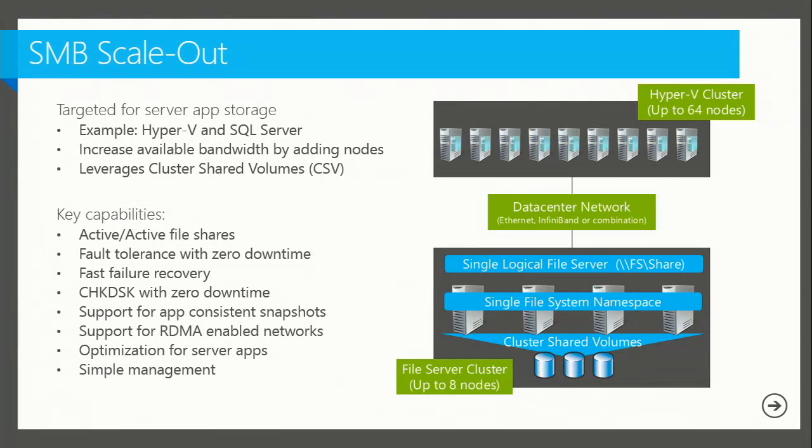There are a few interesting things there. Because we're using CSV, we now have access to this thing that we call CSV caching. So you can do very efficient caching for CSV now, and we fully leverage that. We also have the ability to do check disk with zero downtime. Not sure if you know this about the new check disk.